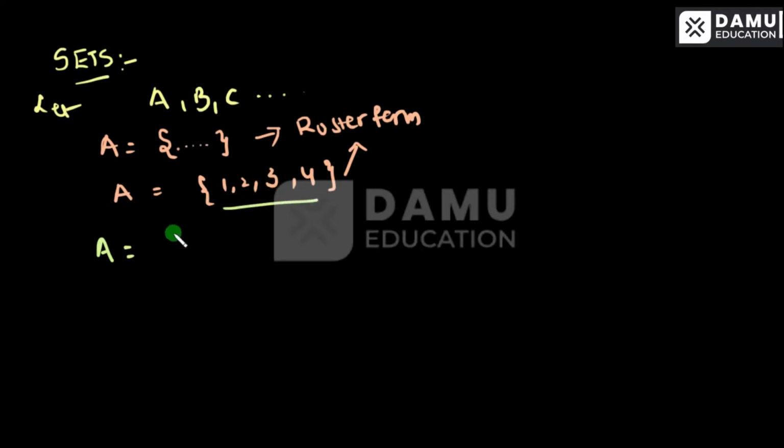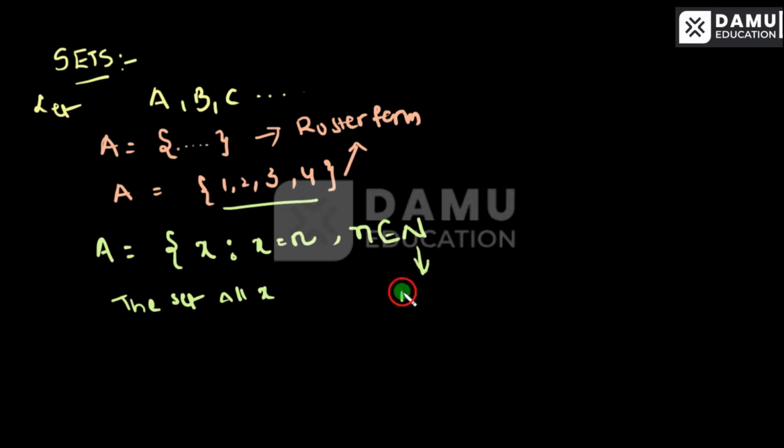The set of all x such that, you can put a colon, x equals n, comma, n belongs to capital N. So small n belongs to capital N means these are natural numbers.